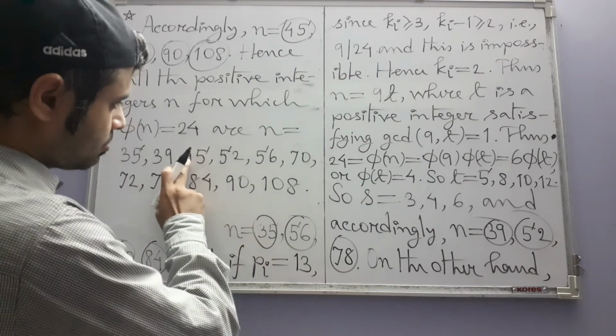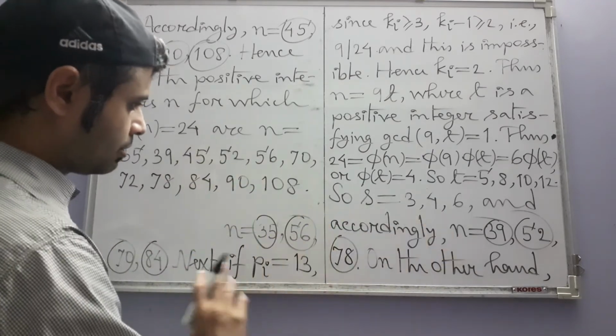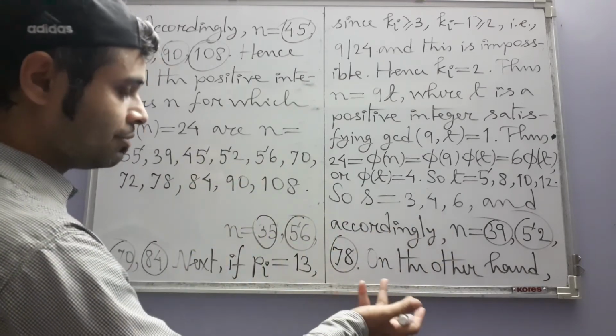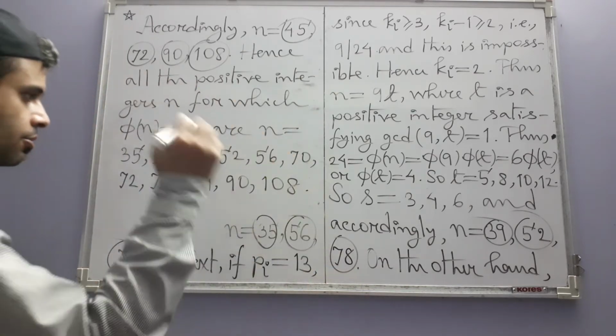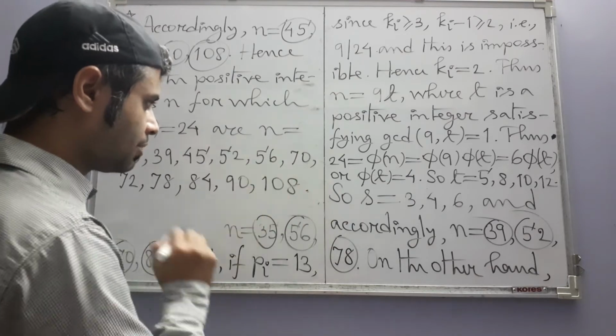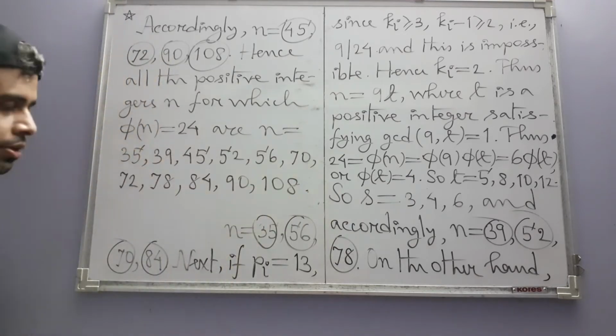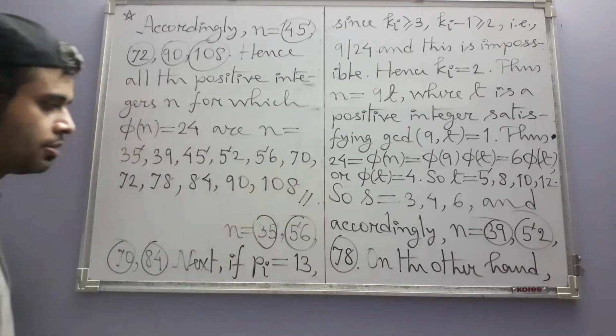So that means whatever we have here, we have here also, and we did not leave anything out. We have considered all the things. So these are precisely the values of n for which phi of n equals 24, and here the solution ends.